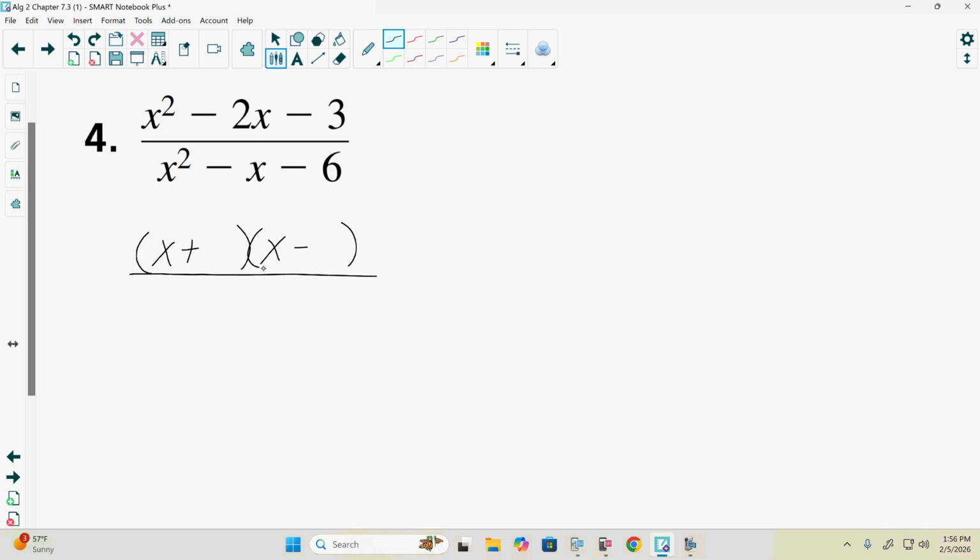Where do you want to put the 1? Where do you want to put the 3? 1 there, 3 there. Then off to the side, we can make the check to see if we have the correct middle term. x times negative 3 is negative 3x. Positive 1 times positive x is positive x. Negative 3x plus x would indeed be negative 2x, which is the middle term we wanted.